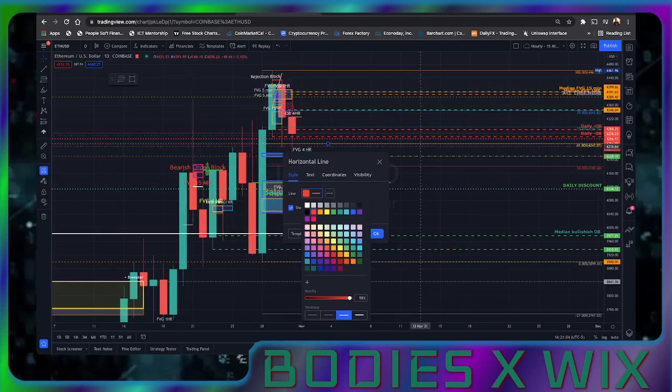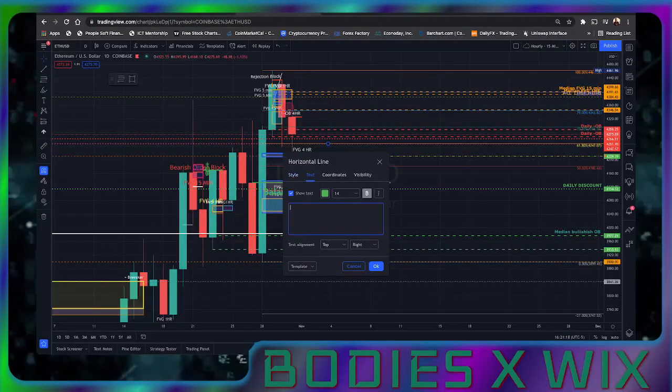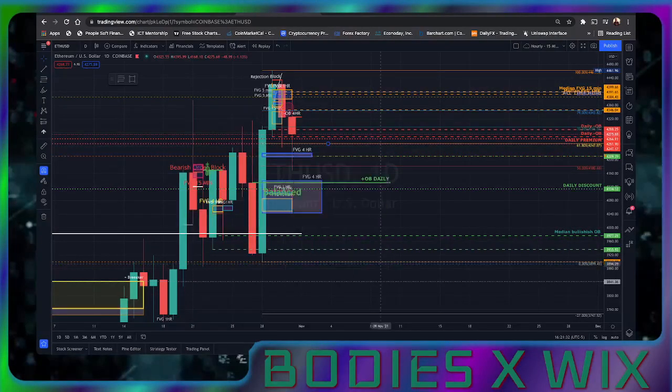I dot these when I do the discount premium arrays, just so I can separate them from other things. You can do whatever you want. Just make sure you stay organized. That's the biggest thing, staying organized. And then I'm just going to put premium. Probably put daily in front of it, of course.